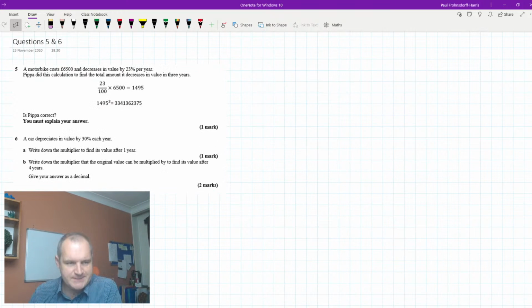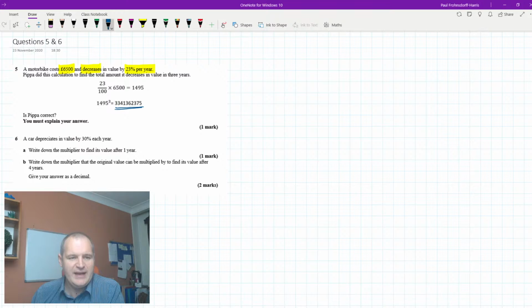Question 5 and 6. So a motorbike costs £6,500. I always want us to draw attention to the key bits. It decreases in value 23% per year, and this is the calculation Pippa did. Now, first of all, to check whether she's right or not, we have to think about what is going on. I hope that most students would look at this and go, she cannot be right.